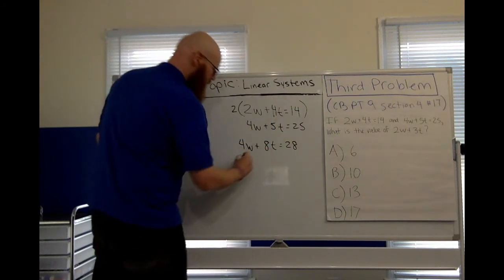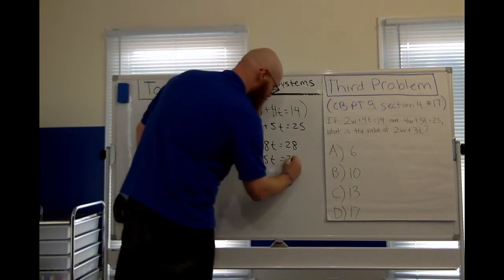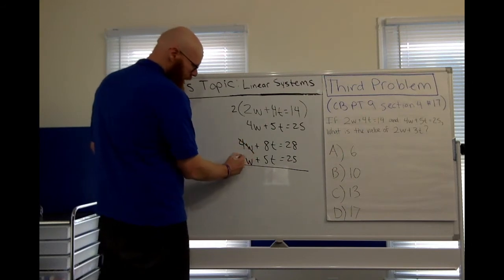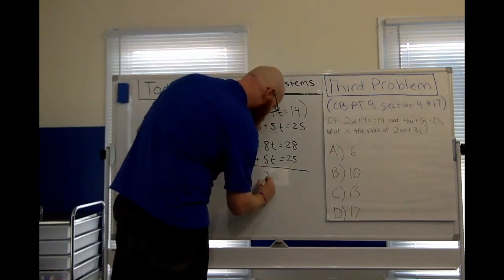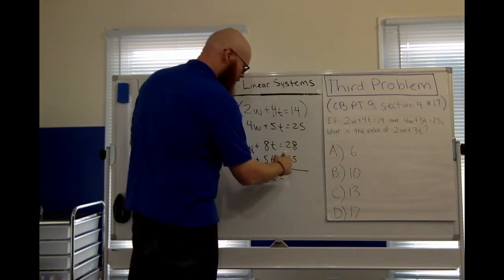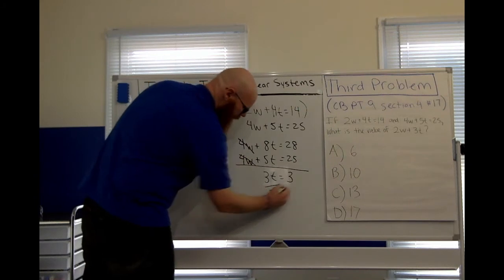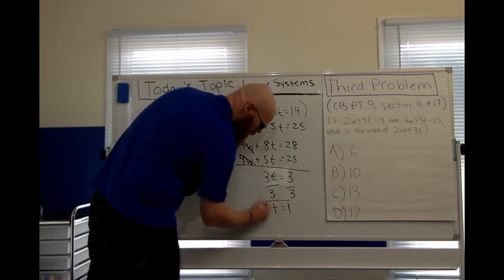The second equation I'm not doing anything with, so it's 4w plus 5t equals 25. Then I simply subtract, so the 4w's eliminate. 8t minus 5t is 3t, and 28 minus 25 is 3. Then I divide by 3, so t equals 1.